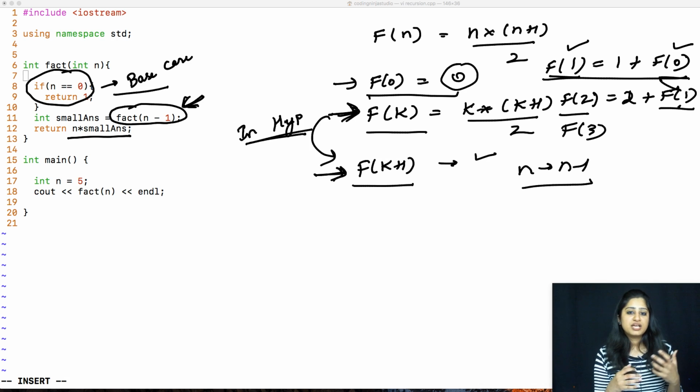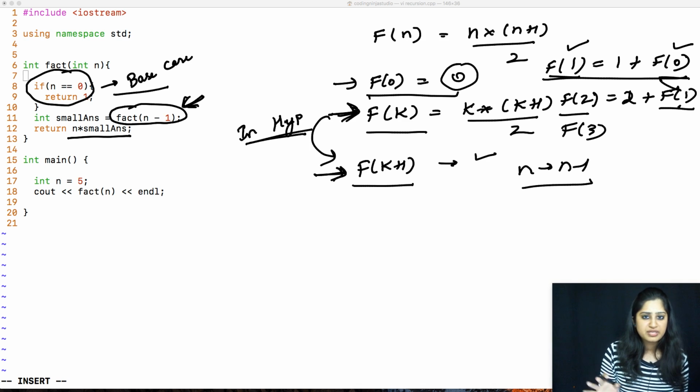Every time you don't have to move from n to n minus 1, or in some cases of recursion there may be more than one smaller problem whose answer you want. So you should be clear what a smaller problem means for you and how you are actually going to break that step down. In this case I was doing n minus 1. In other cases it may be different depending on the problem in hand.